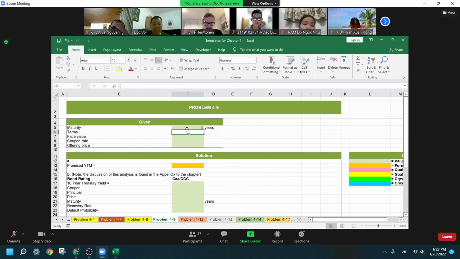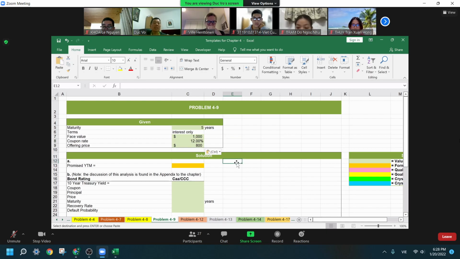And then there is no principal repayment schedule because they just say that you just need to pay interest. Okay, interest only. And the face value of the bond is 1,000. The coupon rate is 12%. And the last one is the offering price. It means that the price is 800.